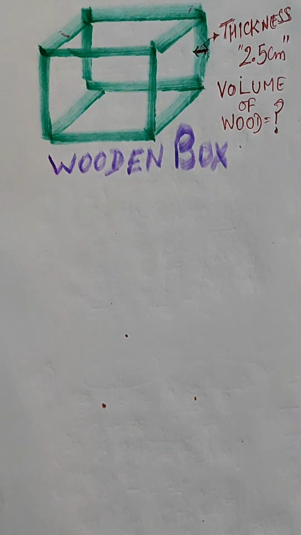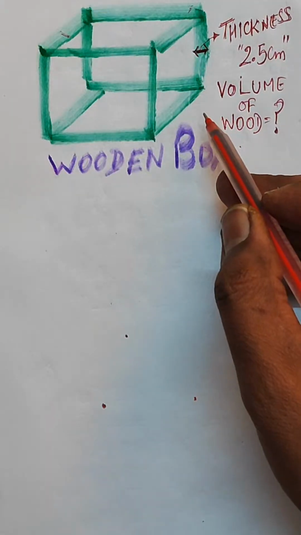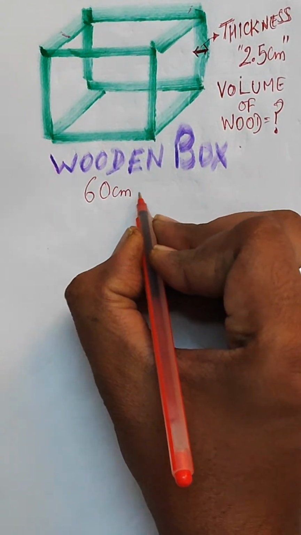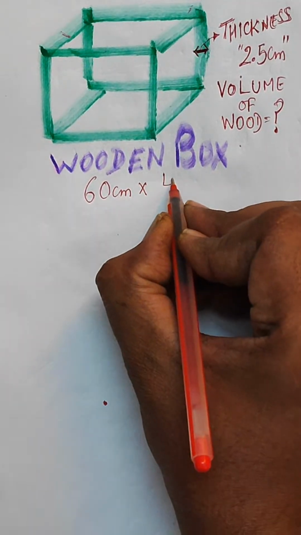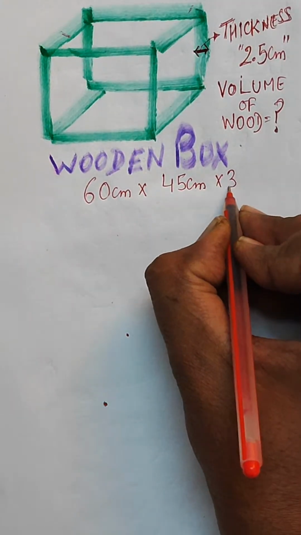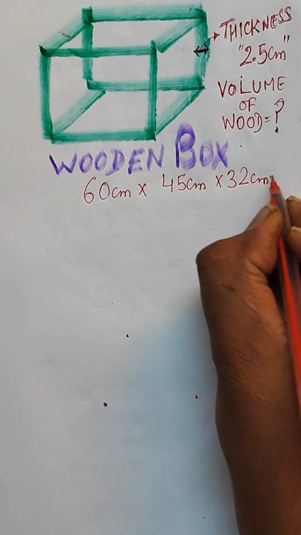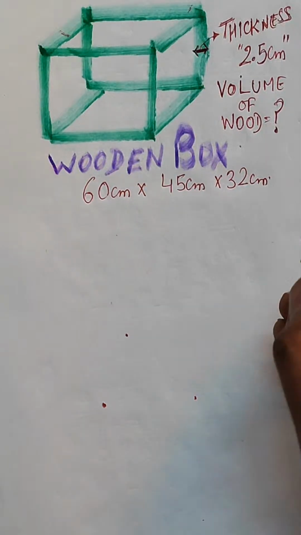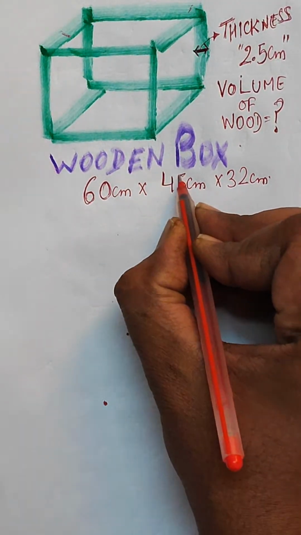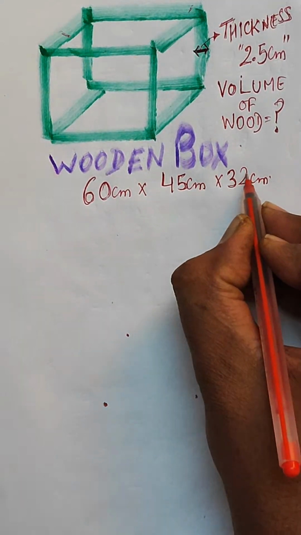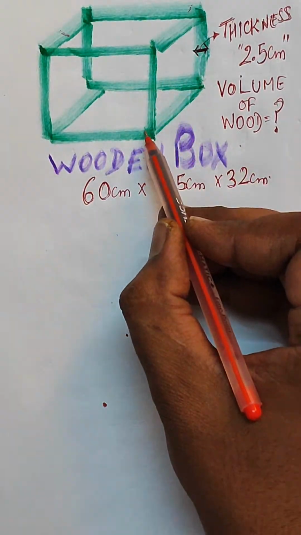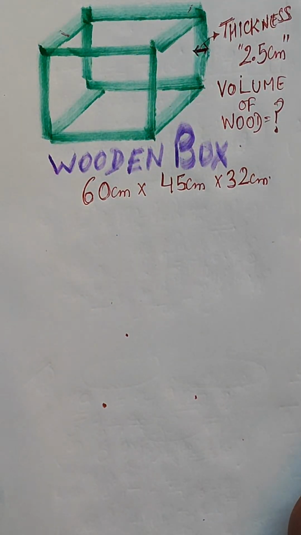And the dimensions of this wooden box are given to you as 60 into 45 into 32 centimeter. So friends, these dimensions 60, 45 and 32 will be the length, breadth and the height of this wooden box.